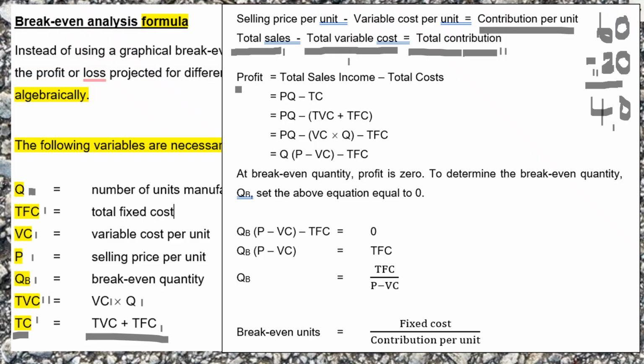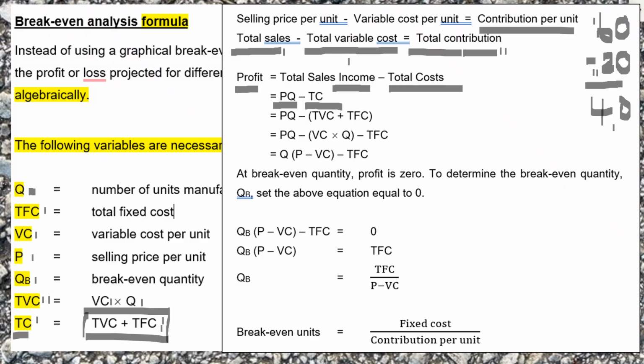So profit is equal to total sales income less total costs. So price times quantity, so the 60 Rand multiplied by whatever quantity it was, less the total costs. Now remember, total costs is total variable cost plus total fixed cost.